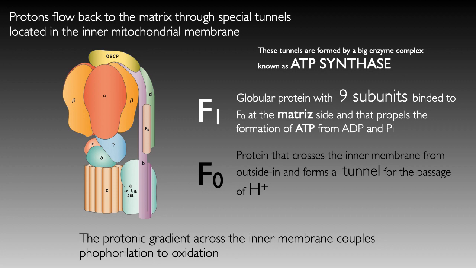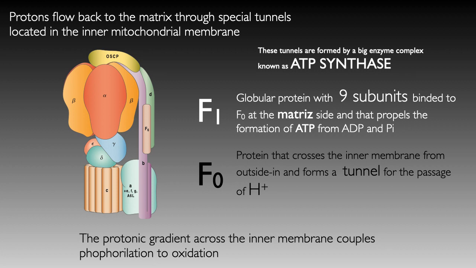Okay, so F1F0 ATP synthase consists of two protein complexes, which we name F1 and F0. F1 is located in the matrix and consists of 9 subunits attached to F0.